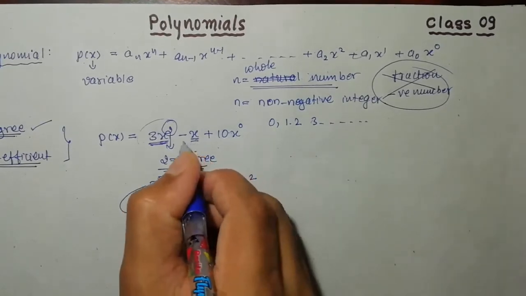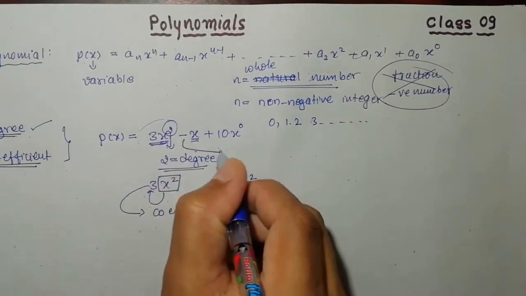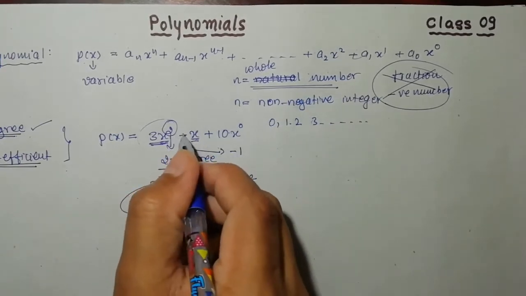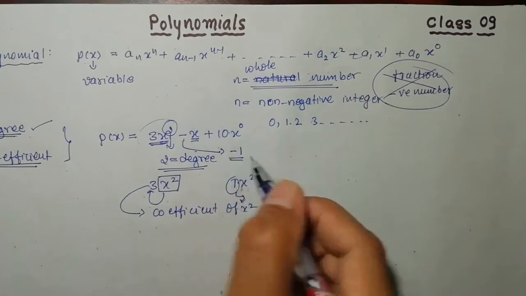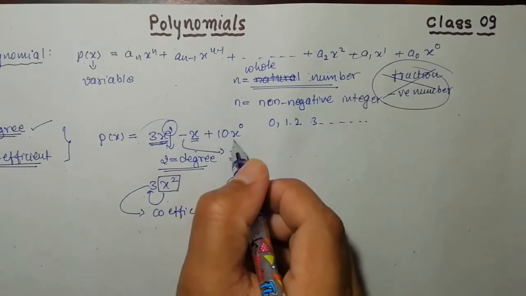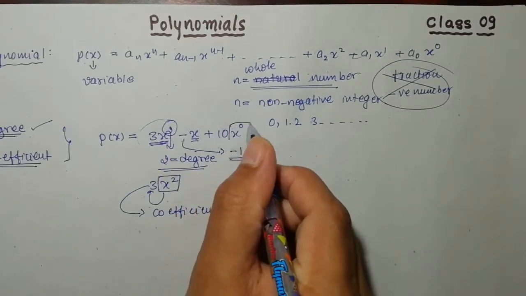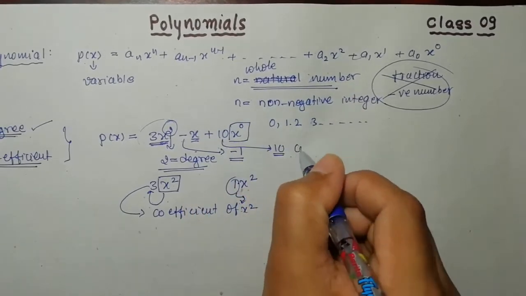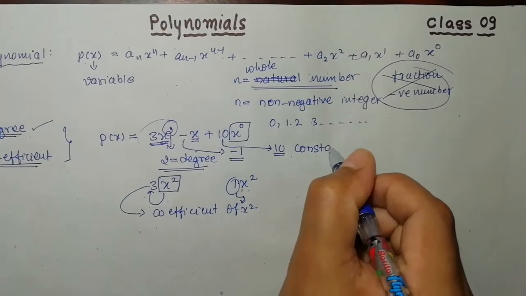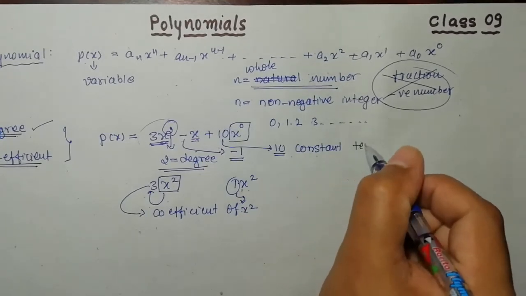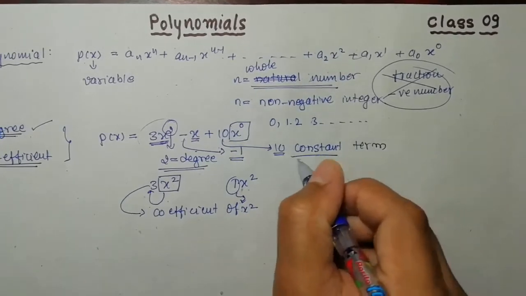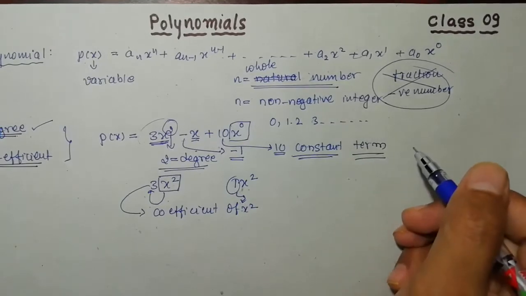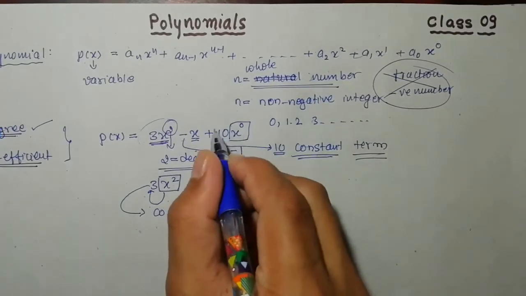In the same sense, what is the coefficient of x here? Here it is minus 1. If it is negative, you need to include the negative sign also. What is the coefficient of x power 0? The answer is 10, and it is also called the constant term of the polynomial. Remember this one. If someone asks what the constant term in this polynomial is, it is the coefficient of x naught.